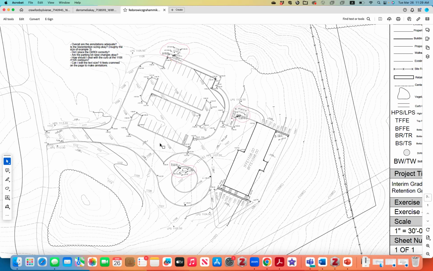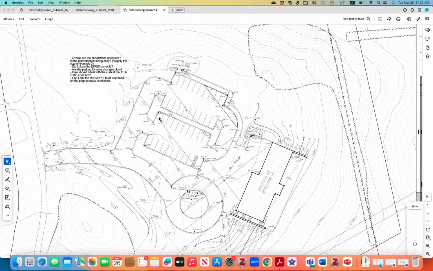So I would not change the size just yet. I would work on the placement of it a bit more. The size actually looks okay, both the contour labels and the spot elevations. You just need to use leader lines later on to try to reorganize them. It does take a bit of work.